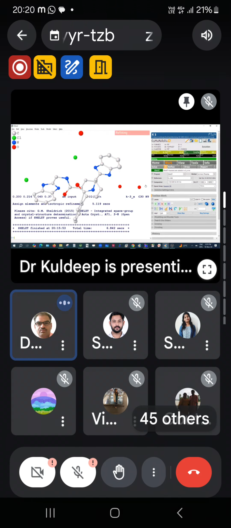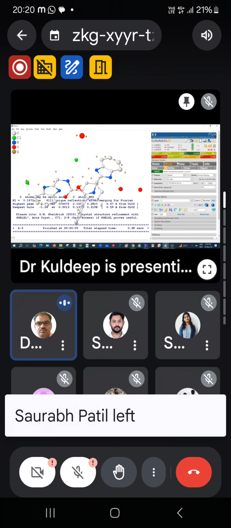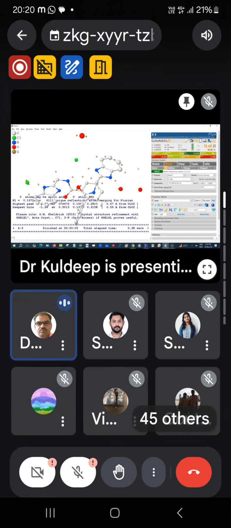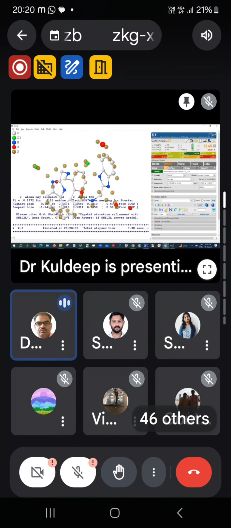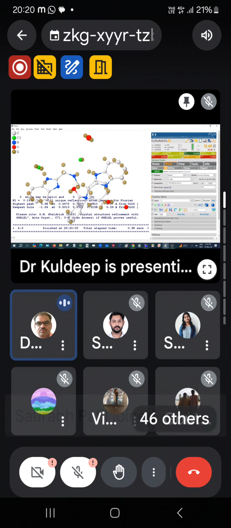Then I will refine this. Okay. So now the maximum peak is around 1 point something electron. There is a command, assume some $250 Q, it will increase the size of your Q peaks. So now you can see them very clearly. I will see where this peak is situated.